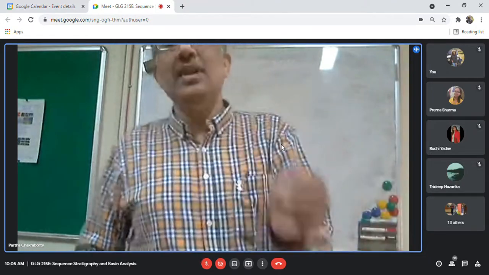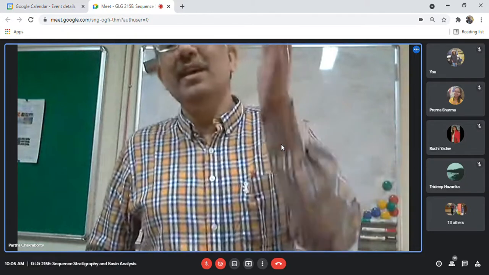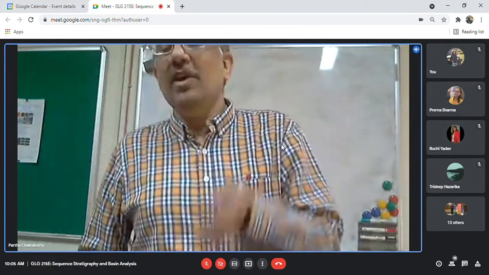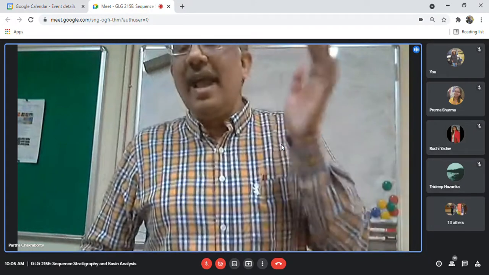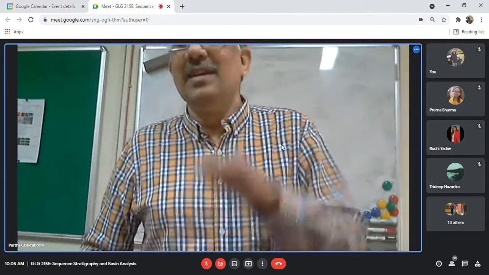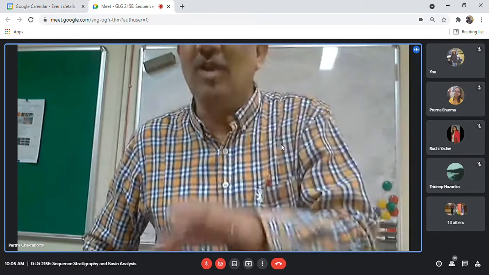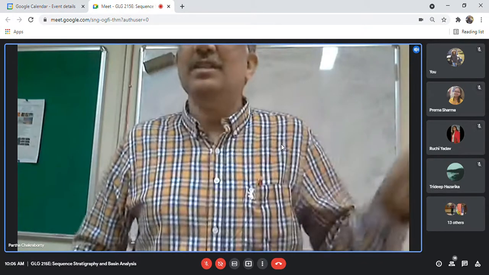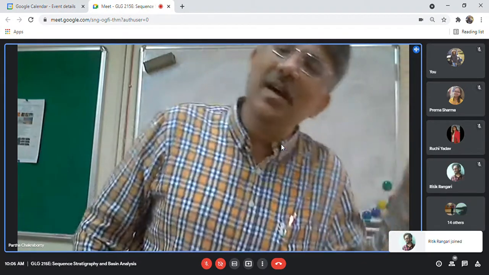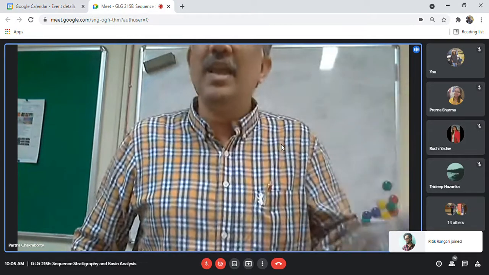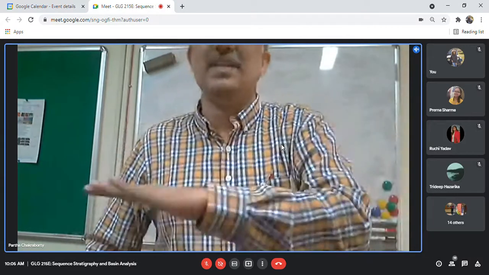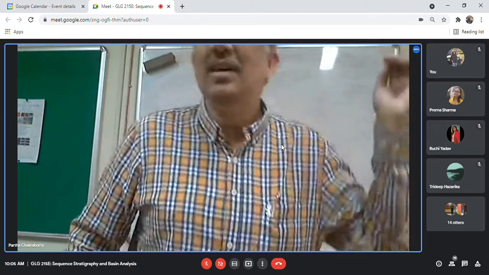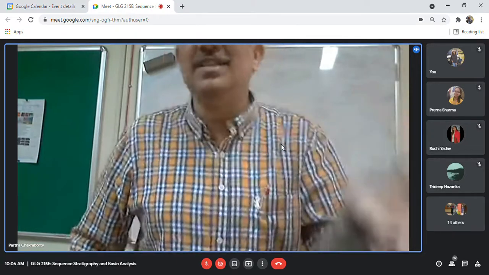What is actually happening when there is a relative sea level fall? What will happen in the immediate continental part? As I discussed in the last class, when there is a base level fall, the river systems will try to equilibrate with the new base level by means of erosion, incision, bypass.